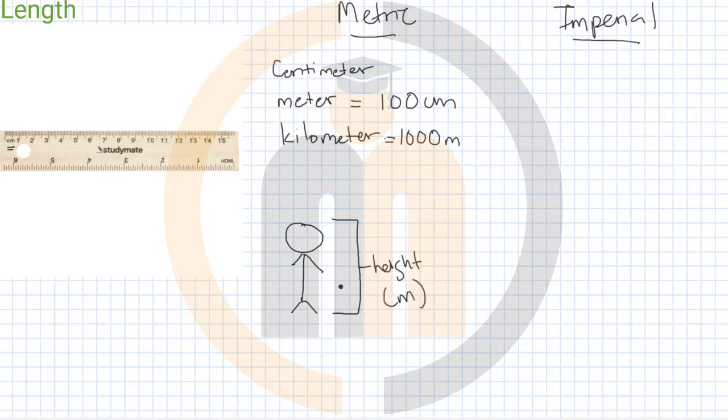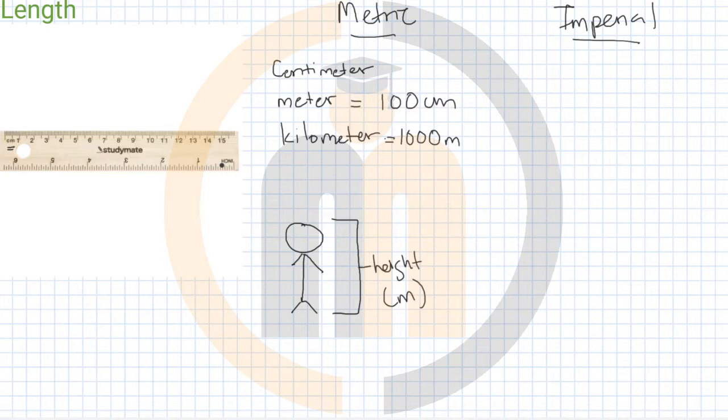For kilometer, you would typically use it for a distance, or a really long distance. If I'm driving from one point to another by car, or flying somewhere, usually we will use kilometer. So these are the three metric units that you will use for measurement.